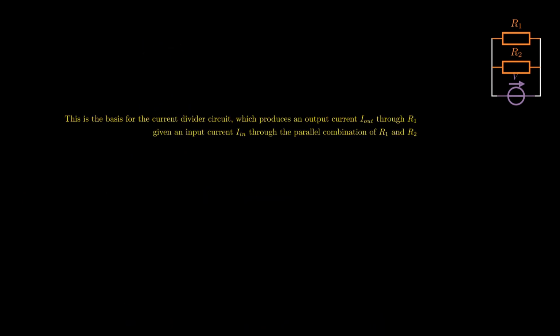From here, we can easily derive the current divider equation, which gives us an output current I out for a certain input current I in.